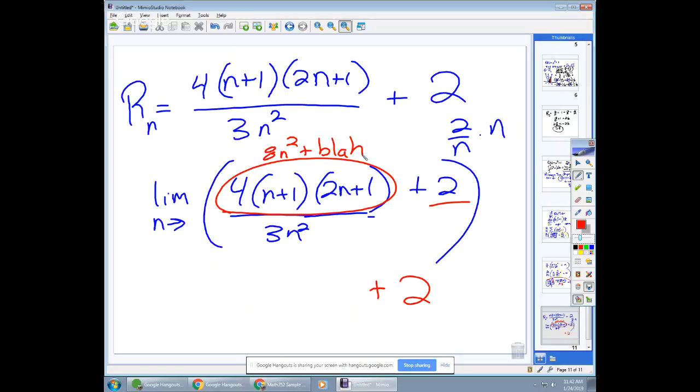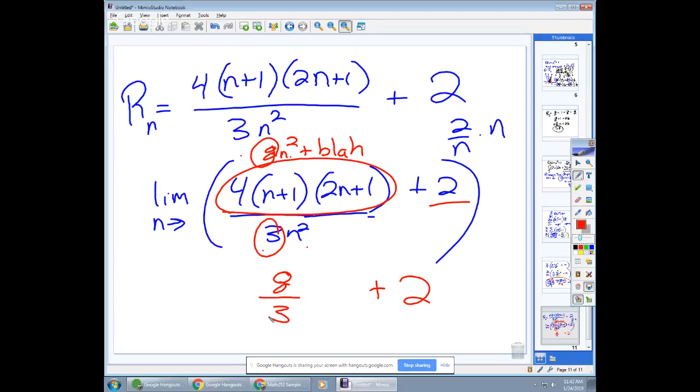So basically I have a quadratic divided by a quadratic. As n goes to infinity, what's the behavior? The leading coefficient, yeah. So the limit is going to be 8/3 because they have the same highest power. So that one has a limit of 8/3.